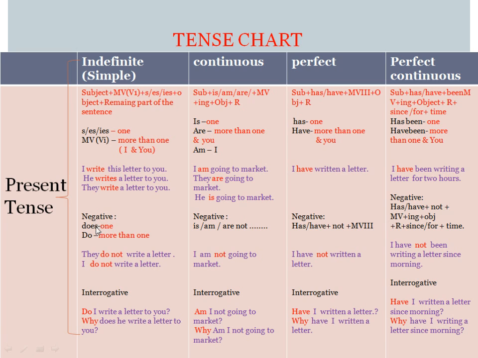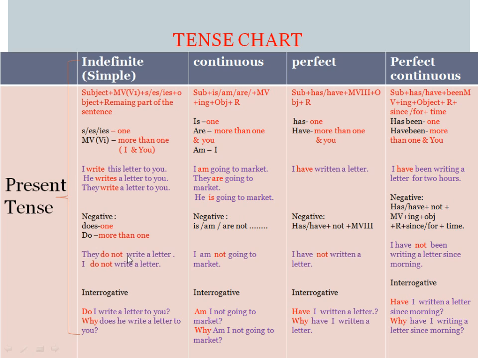For the negative, we have two verbs, does and do. Does for one, do for more than one. They, we use here do not. They is more than one, so we use do, and after do and does we have to use not to make negative. They don't write a letter here.